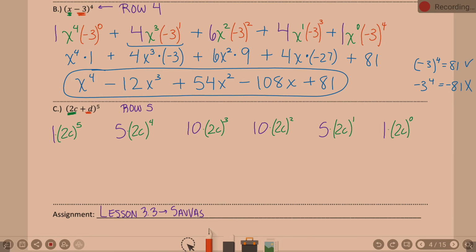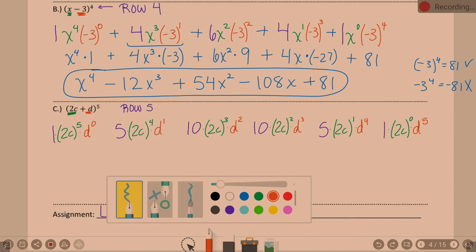So now, this is going to be d to the 0, d to the first, d to the second, d to the third, d to the fourth, d to the fifth. I ended at 5, that's a good sign. Each of my pairs of exponents in this case had to be 5, that overall exponent.